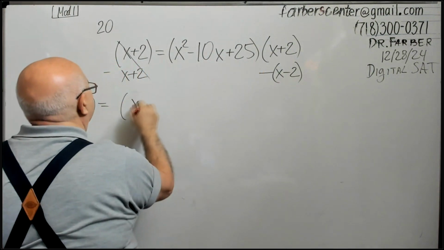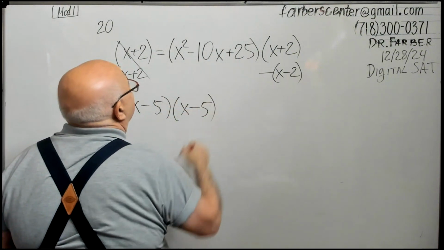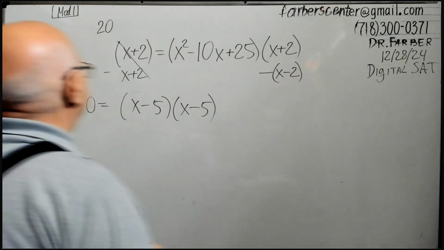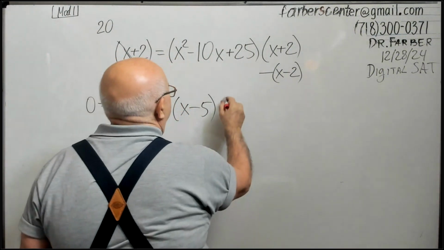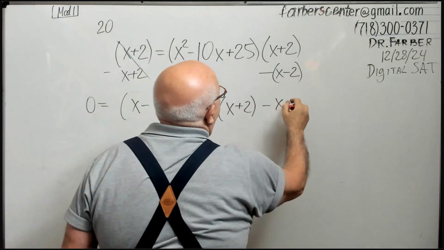It would be x minus 5 times x minus 5, or the expanded form upside down, times x plus 2 and minus x plus 2.